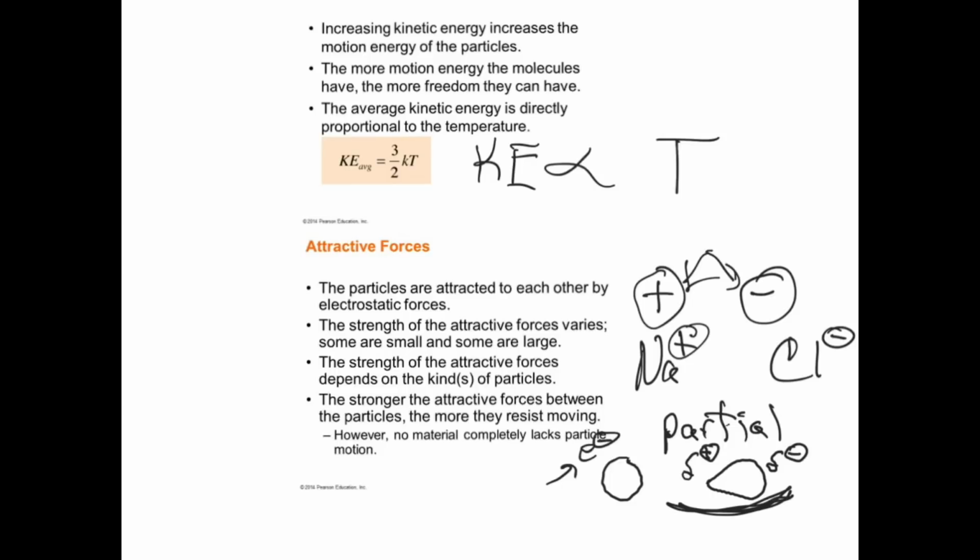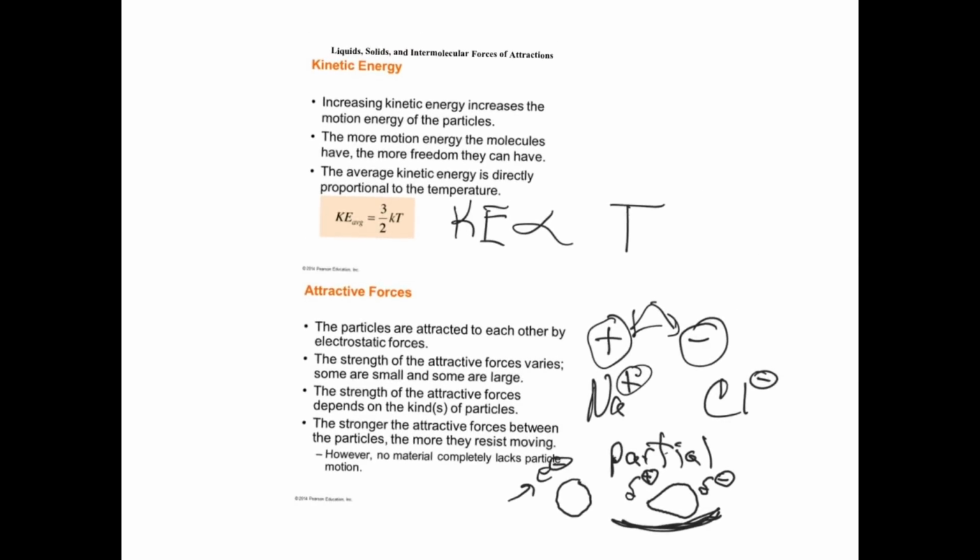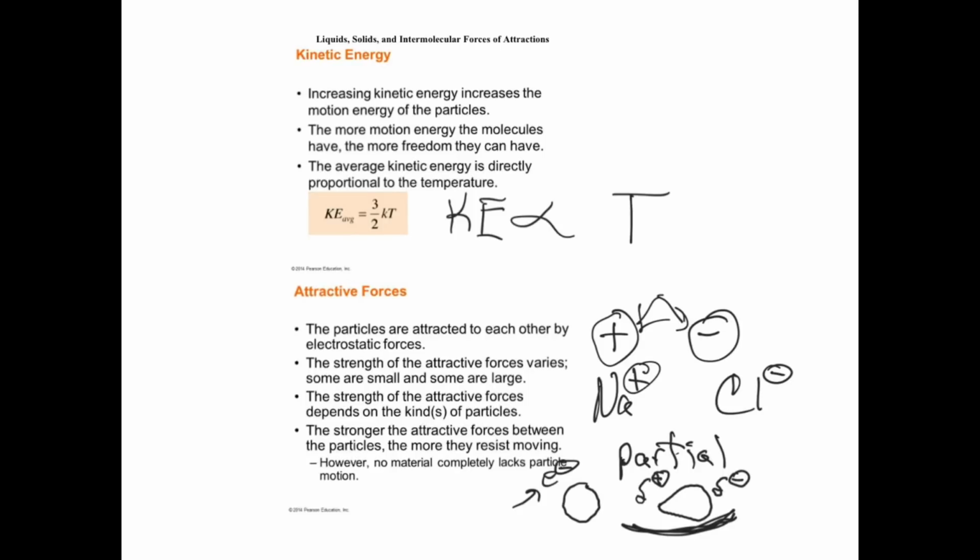So you could say then that really, if you think about it, kinetic energy opposes the attractive forces that hold the molecules together. Higher kinetic energy will give the molecules more energy to break free from one another and to potentially make a phase change, for instance. So that's kind of the deal here. This is kind of how we use kinetic molecular theory to describe the phases.